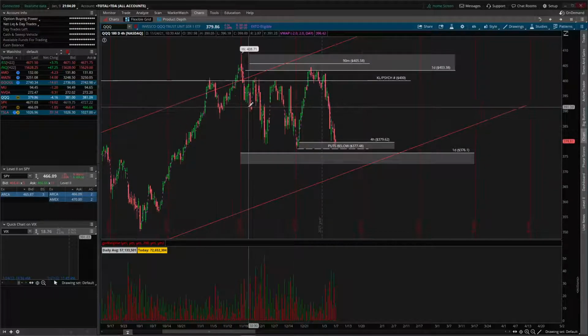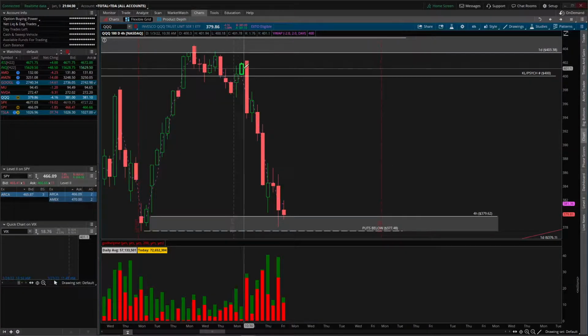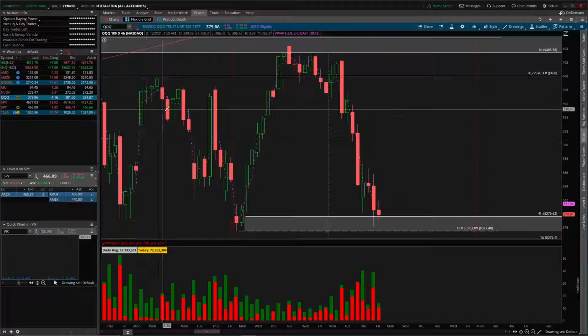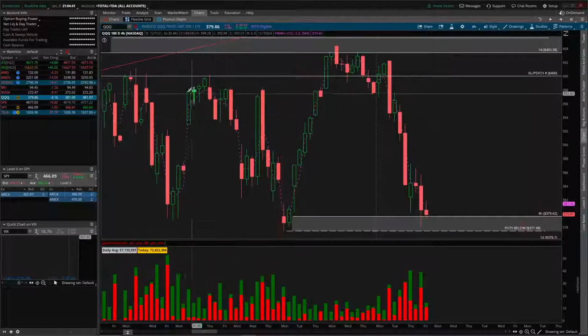Once they are invalidated, I don't really look at them because price has already gone through, and I just try to focus on the more recent zones. For example, there's a 4 here, there's a 4 here, and one could argue this is a 4. I would not use this 4 or the 1 hour that I previously used, because price already crossed through them right here.